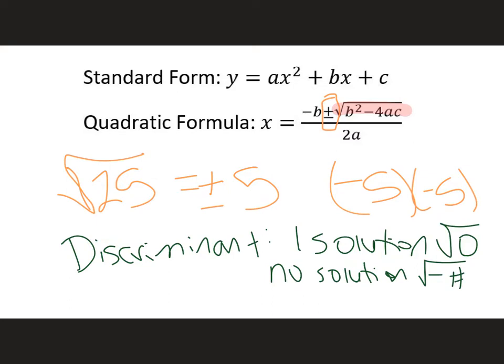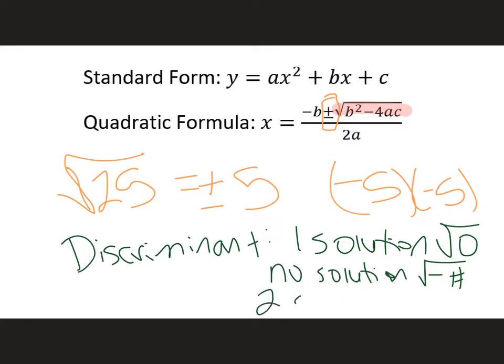That would be an imaginary solution, so you can stop. If you have the square root of 0, that's automatically 0, and it doesn't matter if you add or subtract 0, so it would only have one solution.